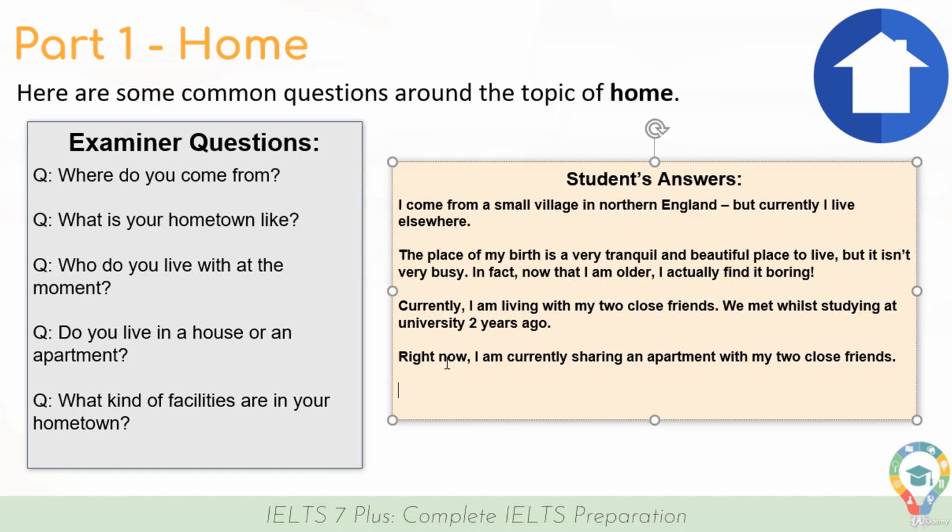What kind of facilities are in your hometown? Facilities are places of interest or places of use that are available to you. For example, shops, gyms, swimming pools, these kinds of things, restaurants, bars, these are all facilities. So what kind of facilities are in your hometown?